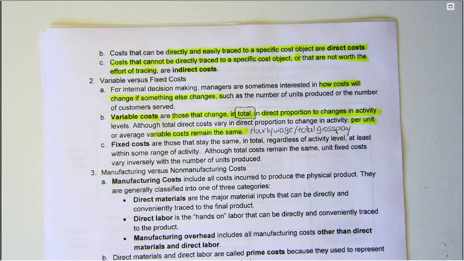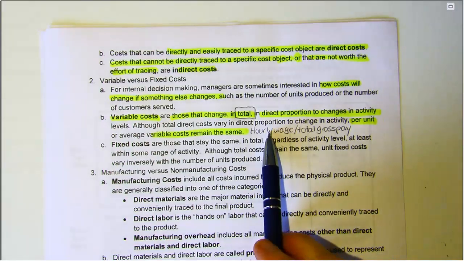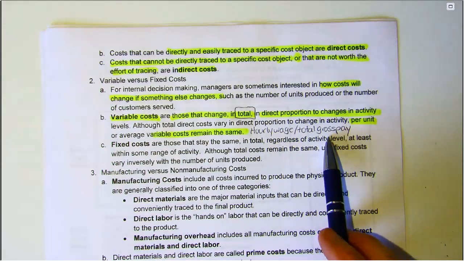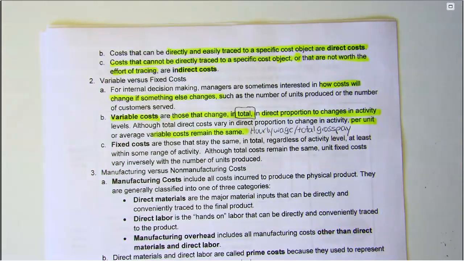That would be your hourly wage. However, your total gross pay depends on the number of hours you work, right? So if you're paid $12 an hour and you work 10 hours, you get paid $120. If you get paid $12 an hour and you work 20 hours, you get paid $240.